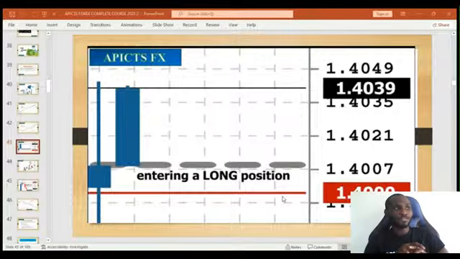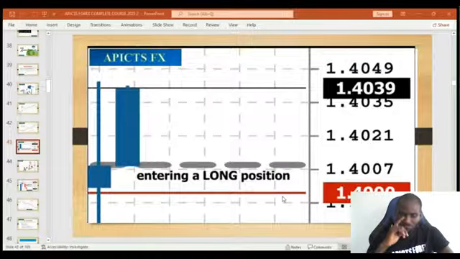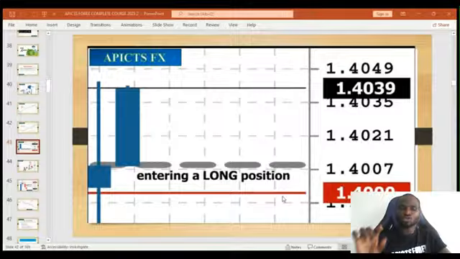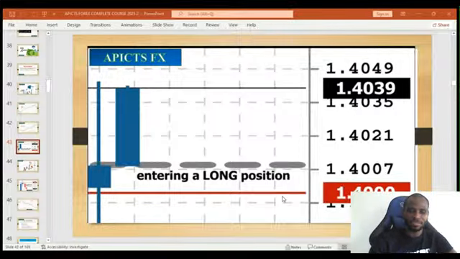Now, from where you entered till this point, using that explanation of pip that I was doing earlier, how do you know by how many pips price has moved away from your entry, in a favorable direction, obviously? It is 1.4039 minus 1.4000.